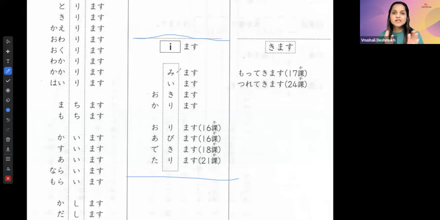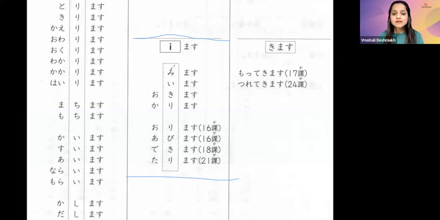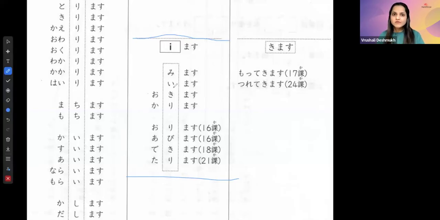Irrespective of E or A sound, if the verb stem is a single syllable, then by default that verb goes into group 2. Okay, and these are some of the exceptions which have the stem ending with E, but they are placed in group 2.